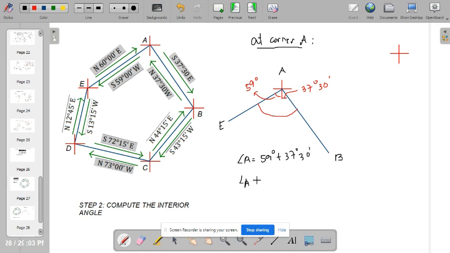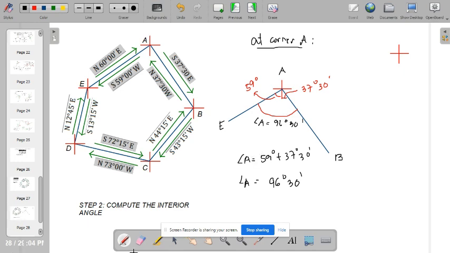So angle A is equal to 96 degrees and 30 minutes. So this is your interior angle A: 96 degrees and 30 minutes.